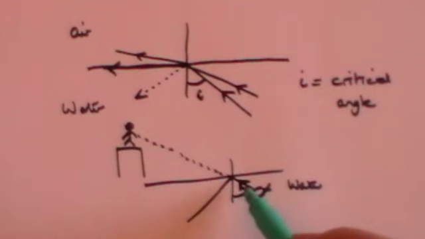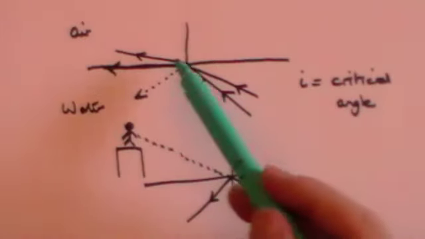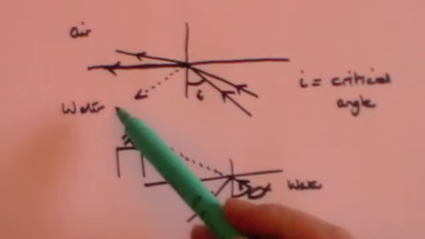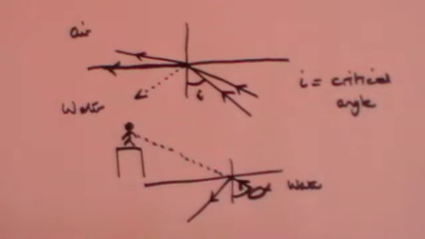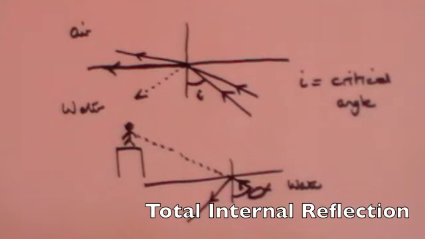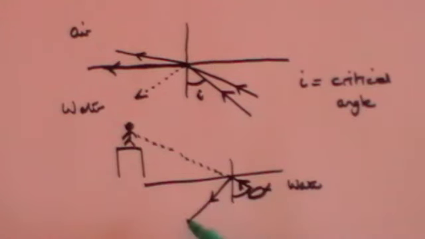The angle between the incident ray and the normal and the reflected ray and the normal will be the same. So in these circumstances, all the light that is hitting the surface is being reflected back into the water. None of it is being transmitted into the air, and that is called total internal reflection, because it is all totally internally reflected within the substance where the light originates.